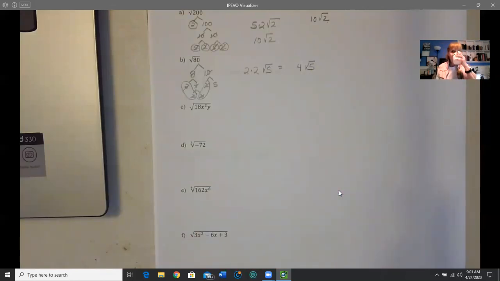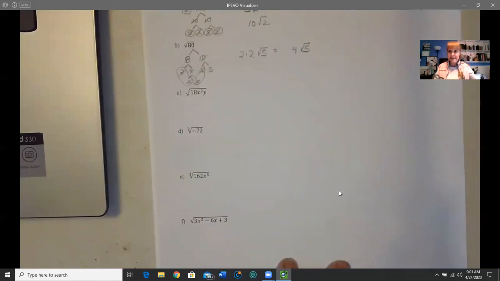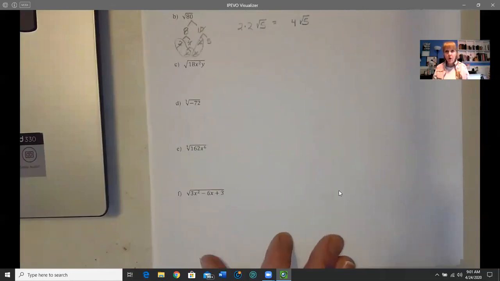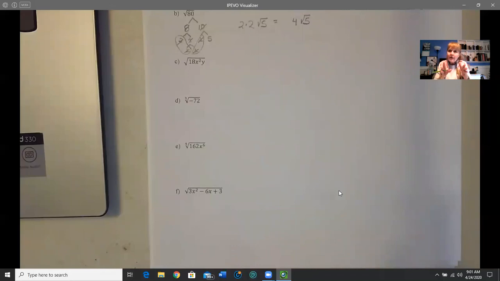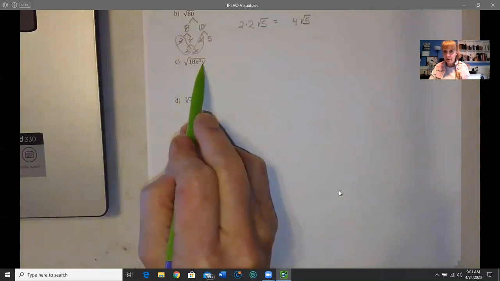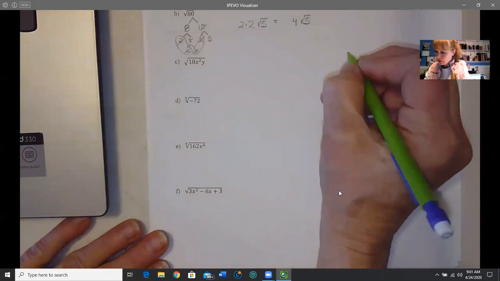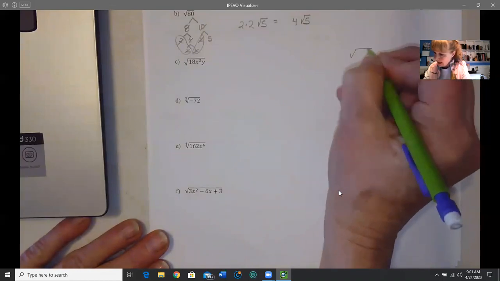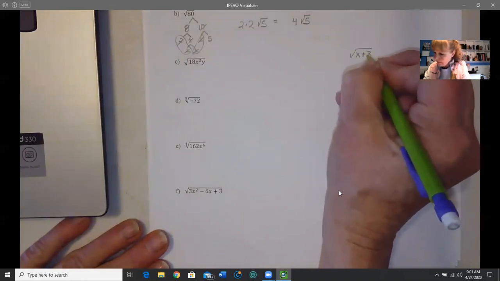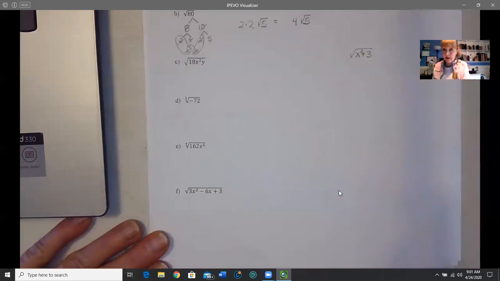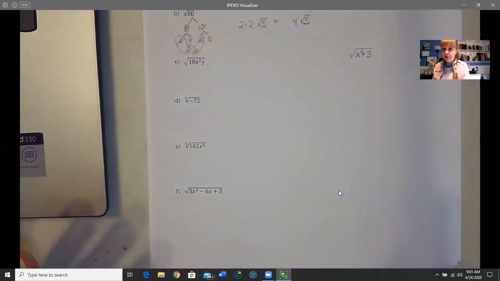Okay, let's look at C. Oh, 18 is not bad to break down, but this is all multiplication, so you can do them separately. But if I add in a square root of, let's say, x plus 3 or x squared plus 3, there's nothing you can do.